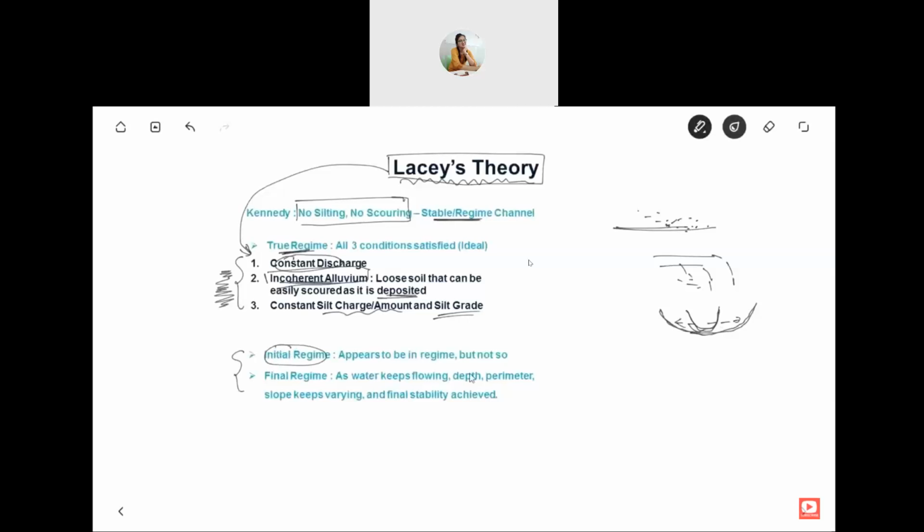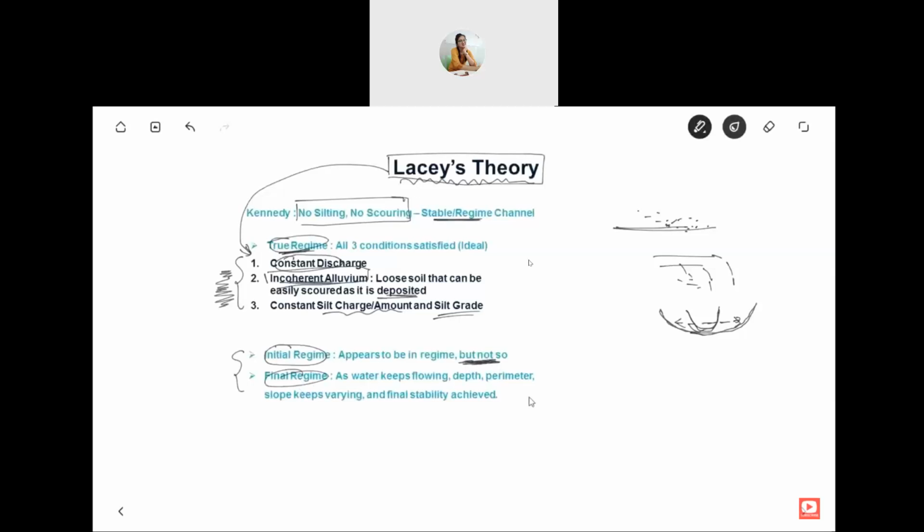Here also silting or scouring does not take place, but the width keeps on varying. So it appears to be in regime, but the theory of Kennedy cannot be applied here. So that is what Lacey says. Lacey's theory can be applied only to true regime or final regime.